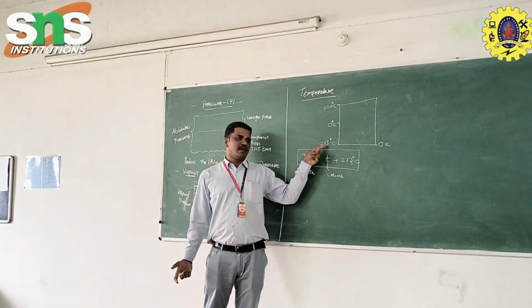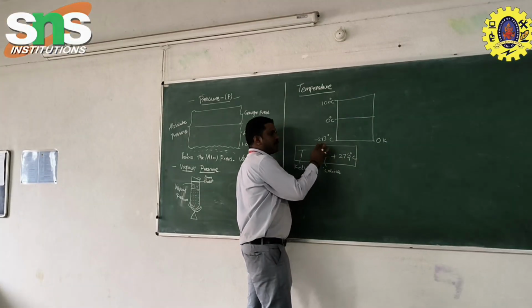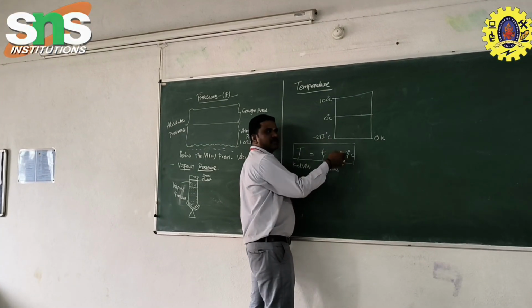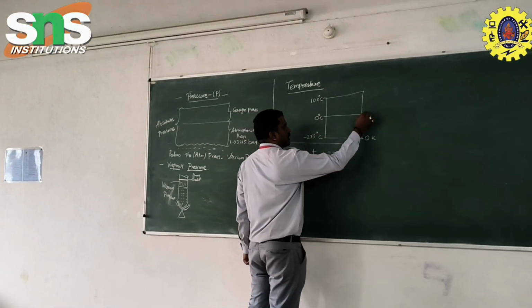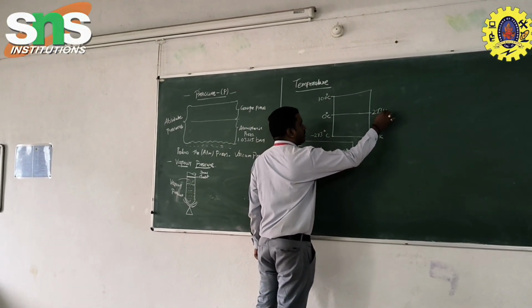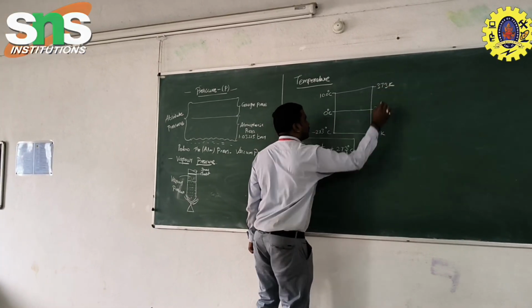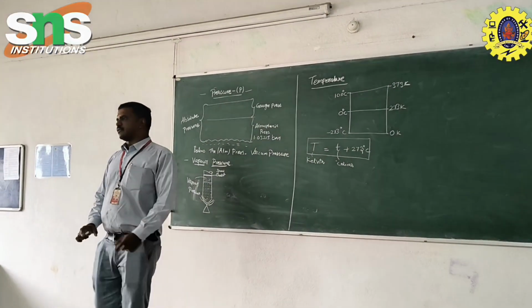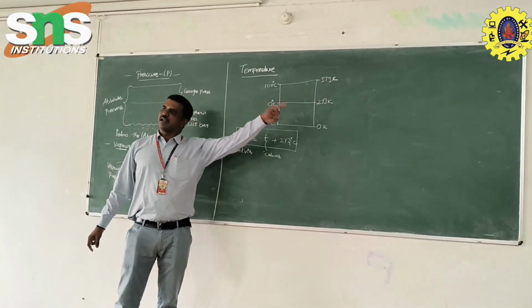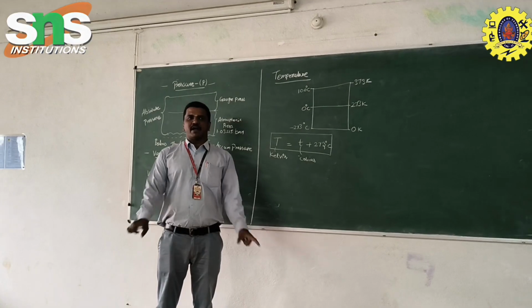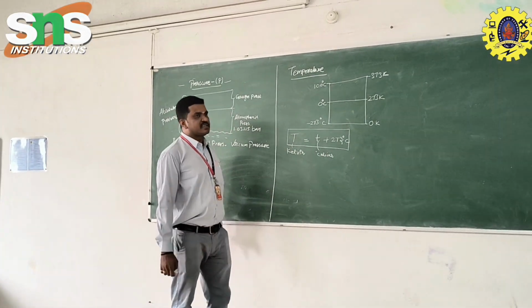So for three different temperatures: minus 273 plus 273 is 0 Kelvin, 0 plus 273 gives 273 Kelvin, and 100 plus 273 gives 373 Kelvin. This is mandatory: to change from degree Celsius to Kelvin, we simply add 273. That is the basic standardized temperature value.